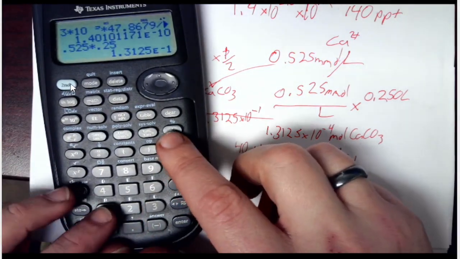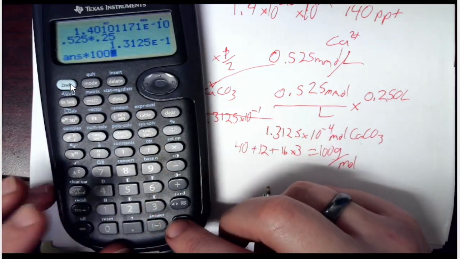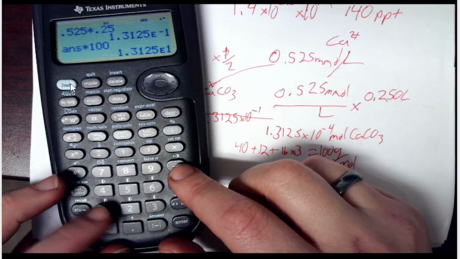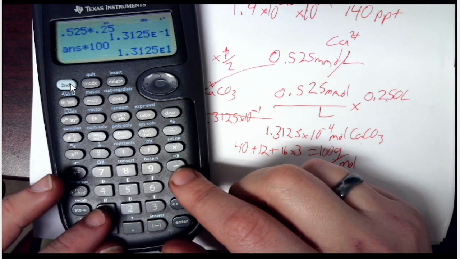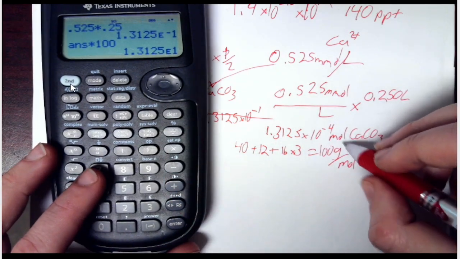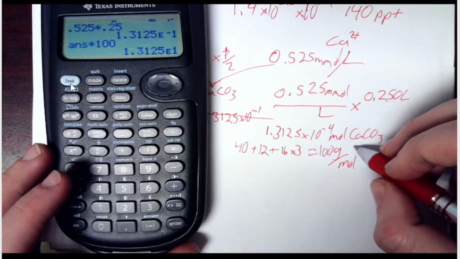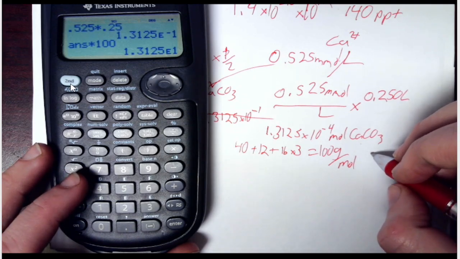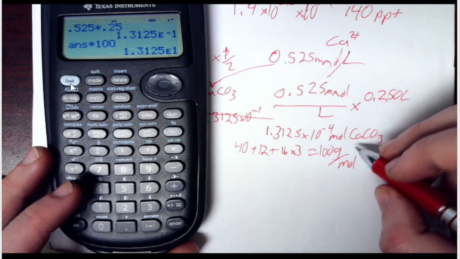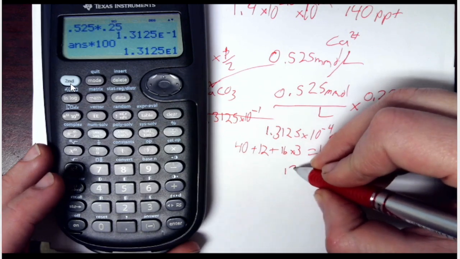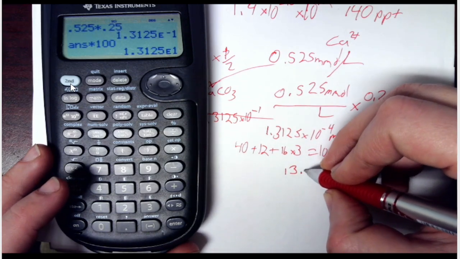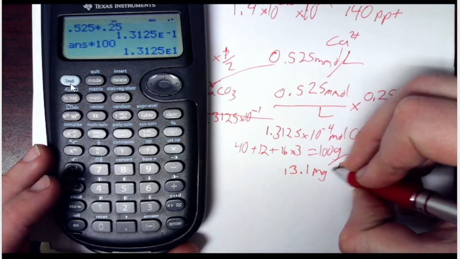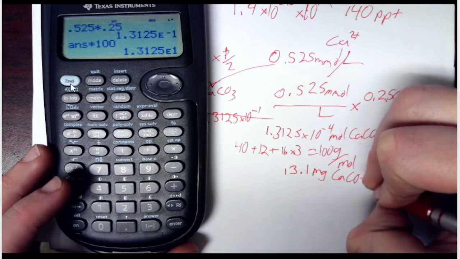So if we multiply that by 100, that would be a really small number in grams, but if we turn this into milligrams, it's something like 13.1 milligrams of calcium carbonate would be left.